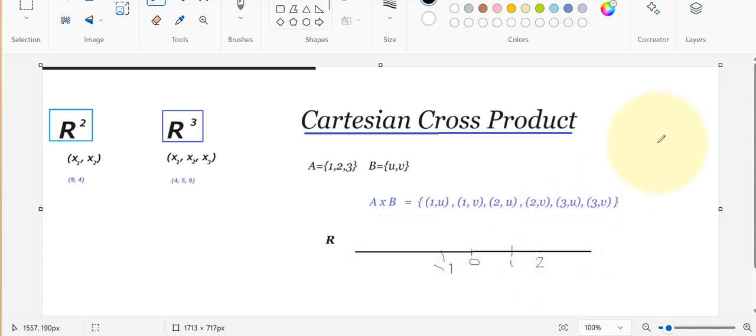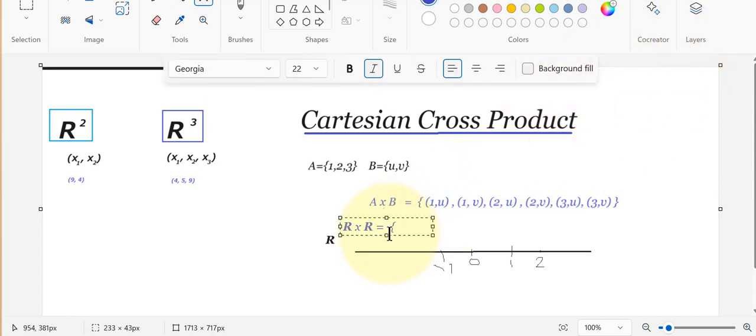All of those numbers are called the real numbers. But we can think of this as a set also. R is the set of all real numbers. So we could think of R cross R, because that's the same idea as here. We have a set cross another set. They happen to be the same set, but still it's a set cross another set.